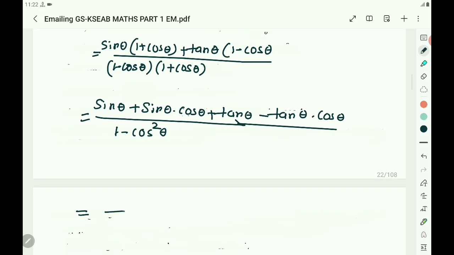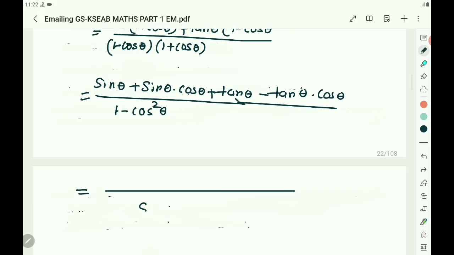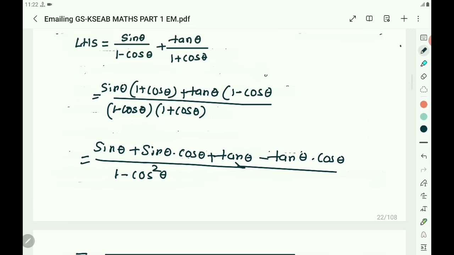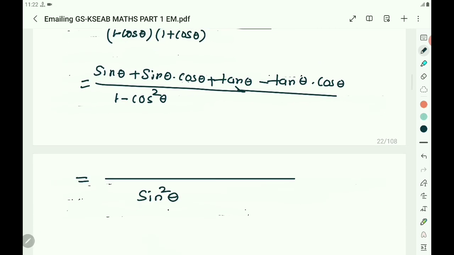Then write 1 minus cos square theta is sin square theta. Then write sin theta as it is, plus sin theta cos theta. Write sin theta cos theta as it is.